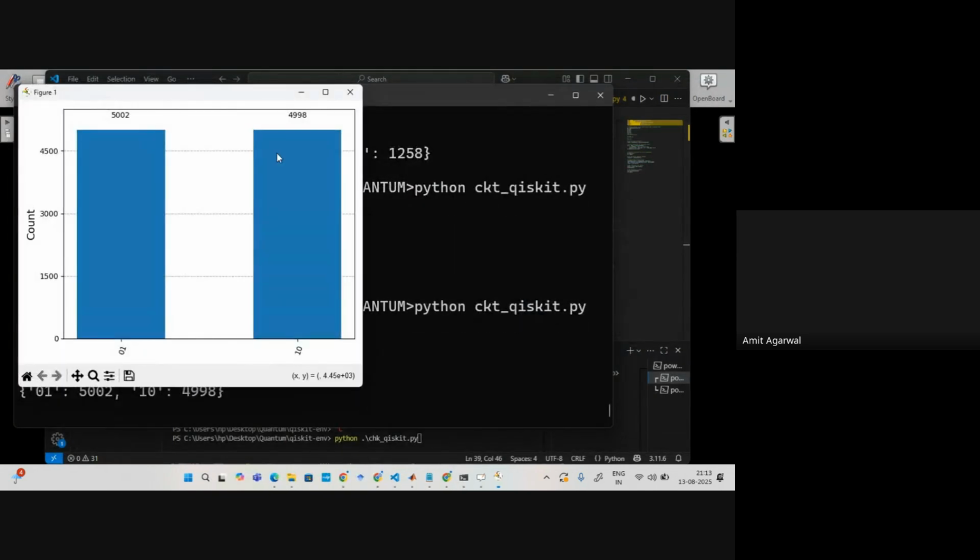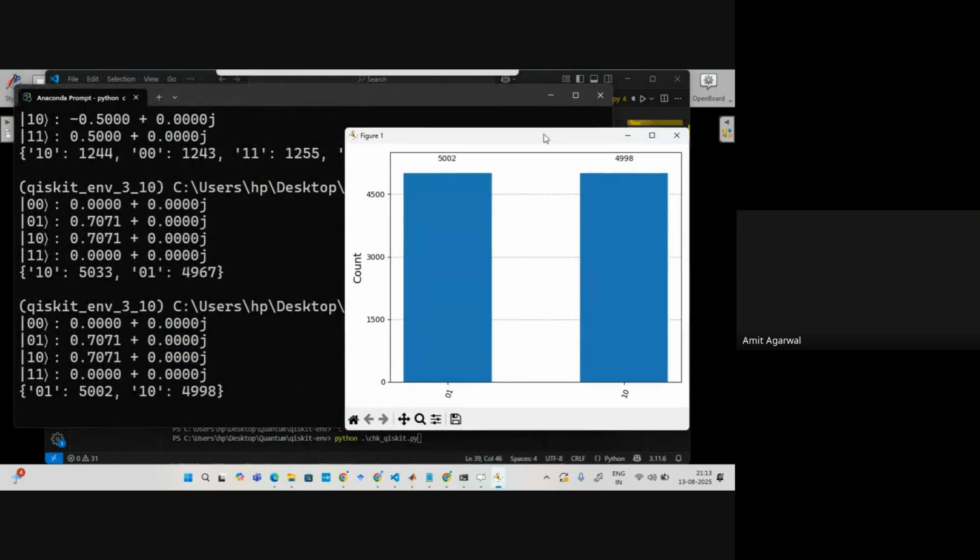And you can see that there are two states with amplitudes 1 by root 2 and 1 by root 2, and 0, 0 and 1, 1 are 0. As you can also see in the histogram, the 0, 1 state is almost 5,000 and 1, 0 is almost 5,000.